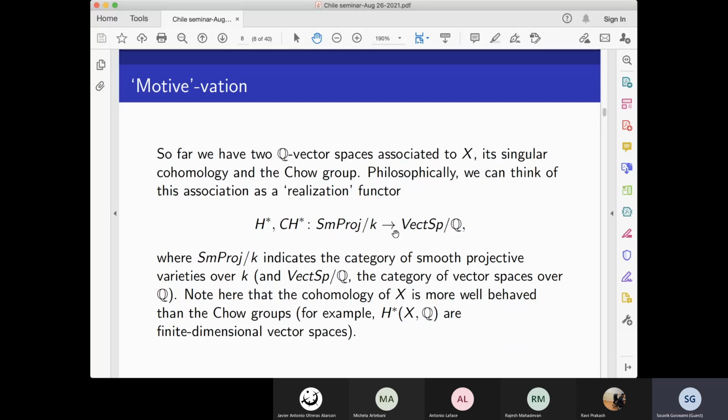You have a smooth projective variety, you attach the singular cohomology of X, which is a vector space.